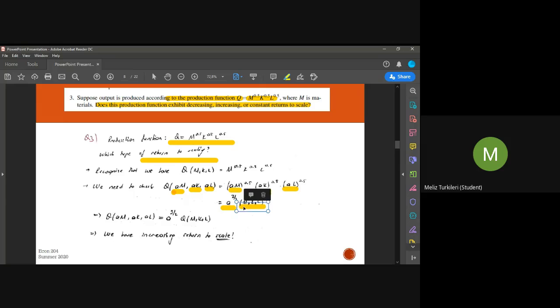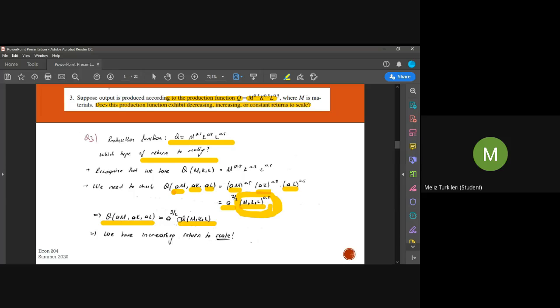We know that this part is equal to our initial output level. So if I use this level as an input, I'm going to find out the output level as A to the power 3/2 times our initial output level.